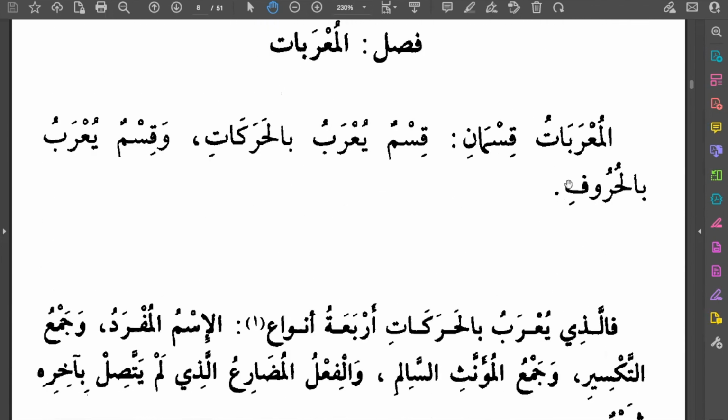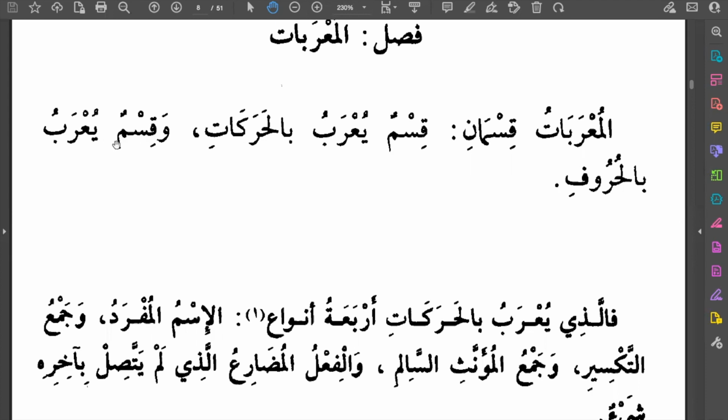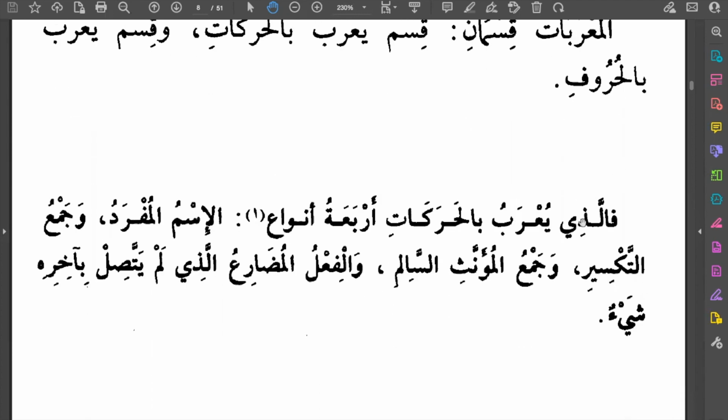But anyhow, he says al-mu'arabat qisman, those nouns that can accept i'rab are of two types. قسم يعرب بالحركات, a type that is yu'rabu, that is, it can accept i'rab bil-harakat, with actual harakat, as I mentioned. وقسم يعرب بالحروف, and another section that is yu'rab, that accepts i'rab with huruf, letters. فالذي يعرب بالحركات أربع أنواع.